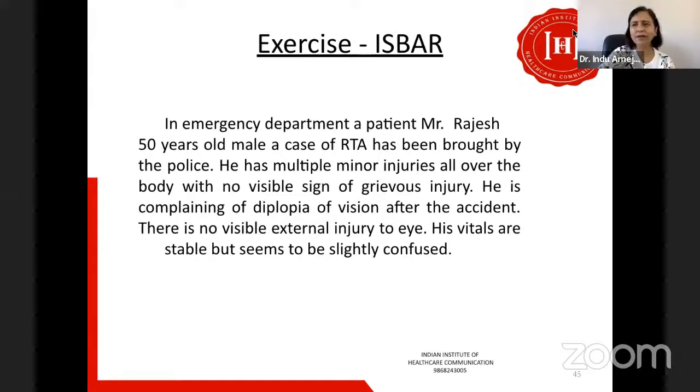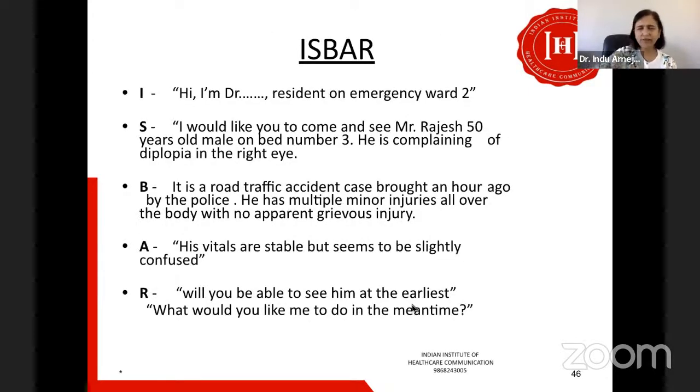Okay, good attempt, I would say. Very good attempt. So if I convert it into ISBAR, it will look like this. Hi, I'm Dr. So-and-so, or hi, I'm Nurse So-and-so, calling from emergency ward so-and-so. Situation is, I would like you to come and see Mr. Rajesh, 50-year-old man on bed number 3, who is complaining of diplopia in the right eye.